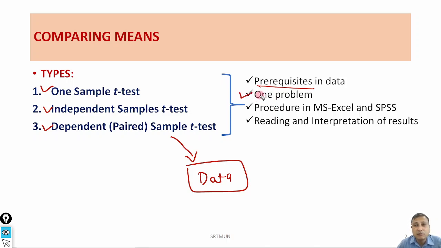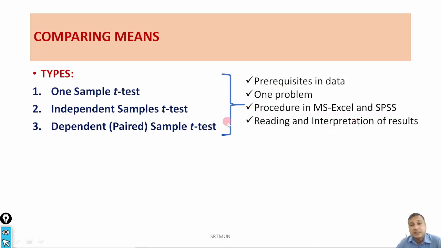Then we'll go to MS Excel and SPSS where we'll perform all these tests. We'll try to understand the procedure to perform all these tests, and finally when we get the values associated with those hypothesis tests, we'll try to understand how we can read and interpret those results. So this is the way that we'll design our lecture.